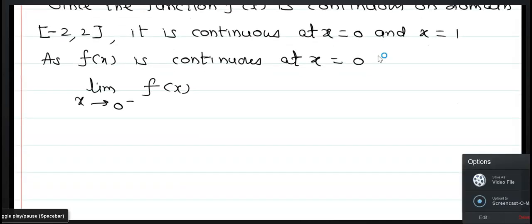The given function breaks at 2 points, that is at 0 and 1, and therefore we will find the left hand side limit and right hand side limit at these 2 points. And then we will get the value of a plus b plus 2.